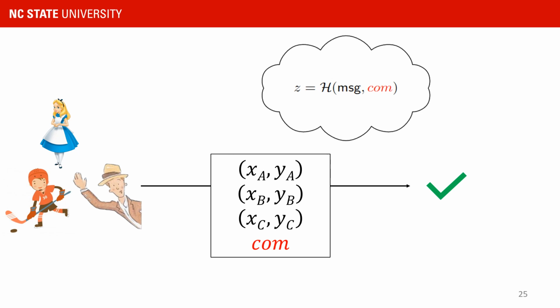But they can't figure out exactly which 2 signers it is. So this, in the end, gives you a 2 out of 3 threshold ring signature. And in general, you can do a threshold T just by allowing a higher degree polynomial.